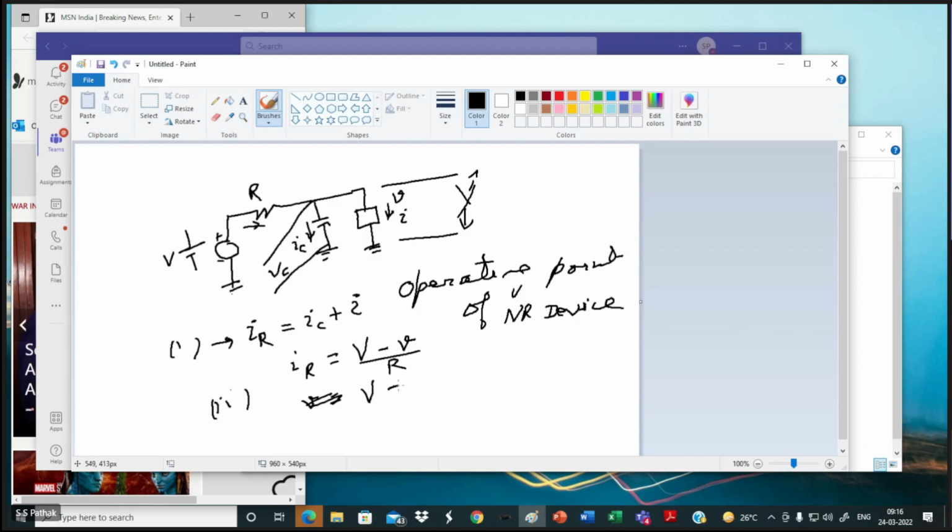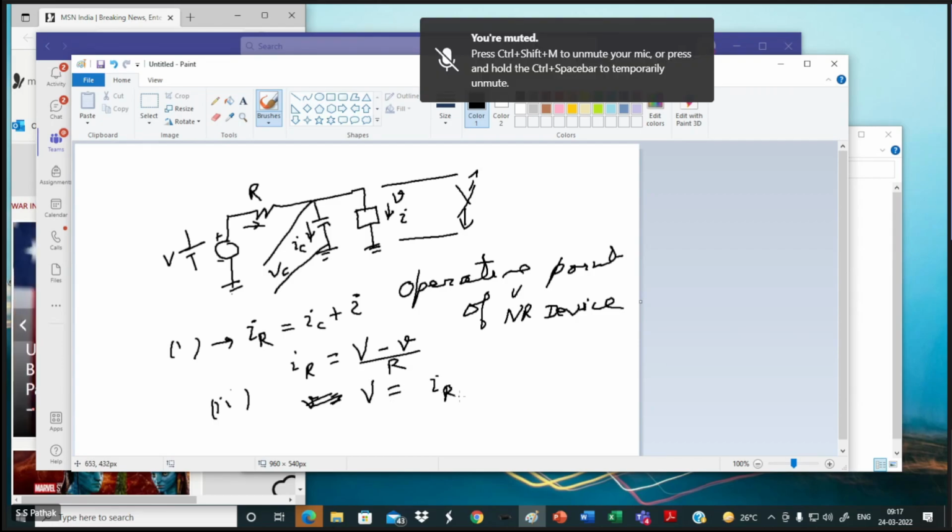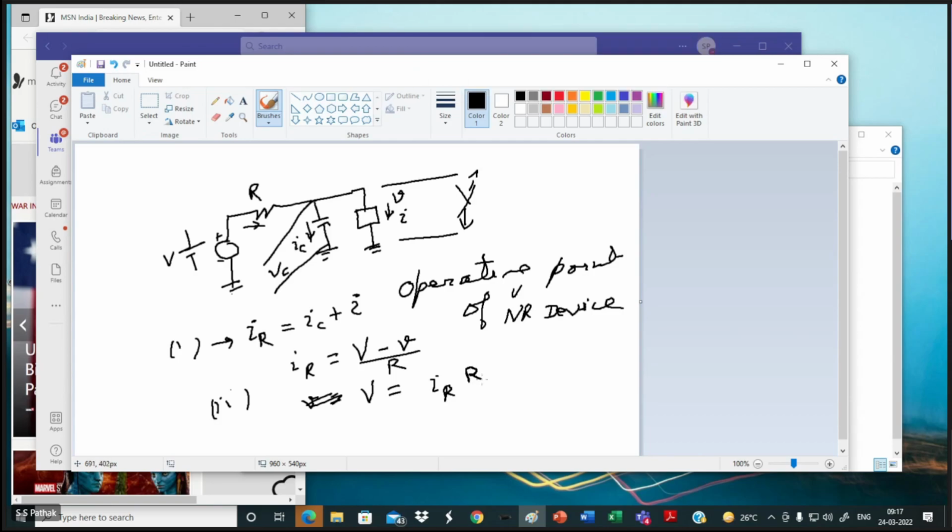V equal to IR into R plus small v, like that. I want to find this I. How much is this I? In terms of your current, IR is IC plus I. So I'll substitute for IR, IC plus I here.